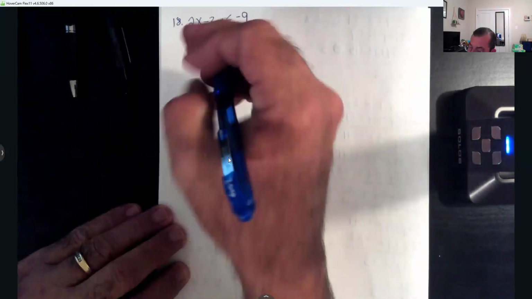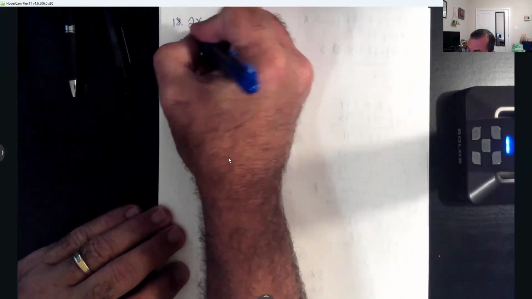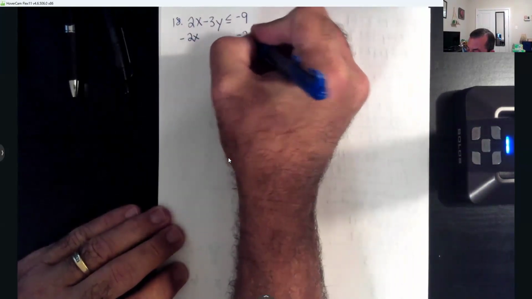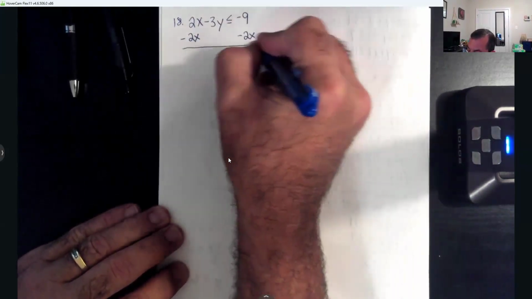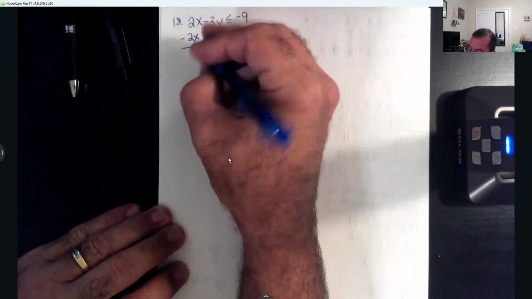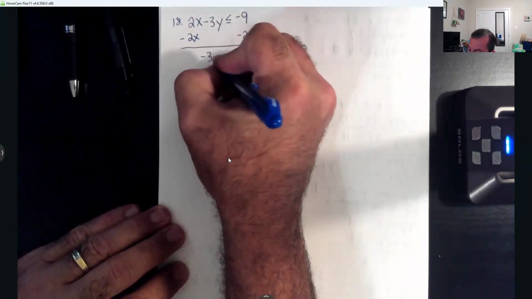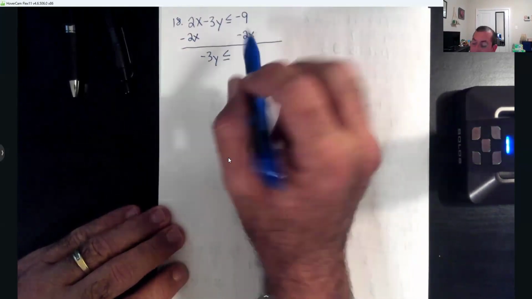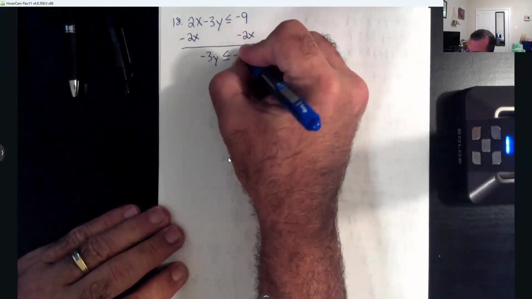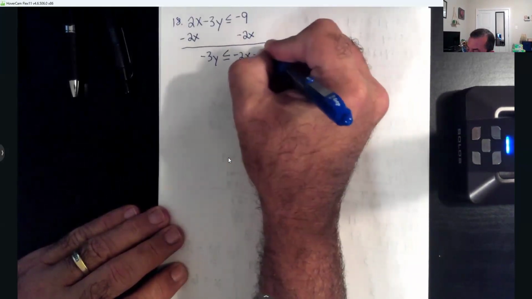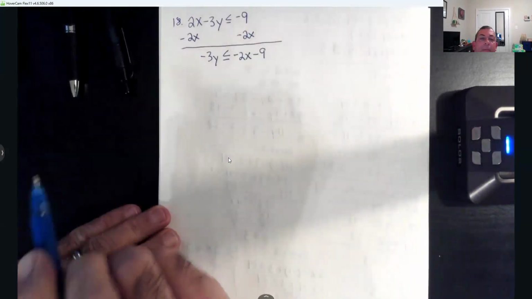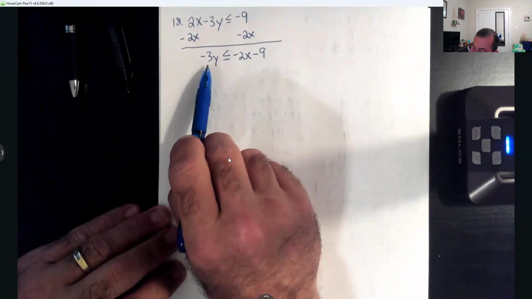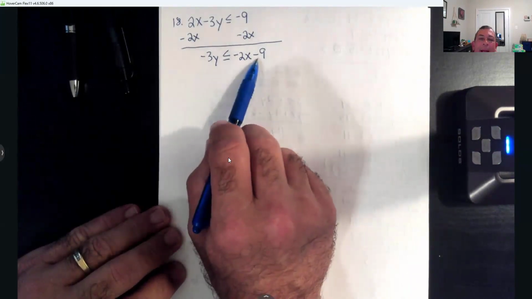So we're going to move the 2x over by subtracting. So y'all, that cancels, giving me my -3y is less than or equal to. And then once again, I'm just going to put my x first and do -2x minus my 9. Now, we got to divide everybody by -3.